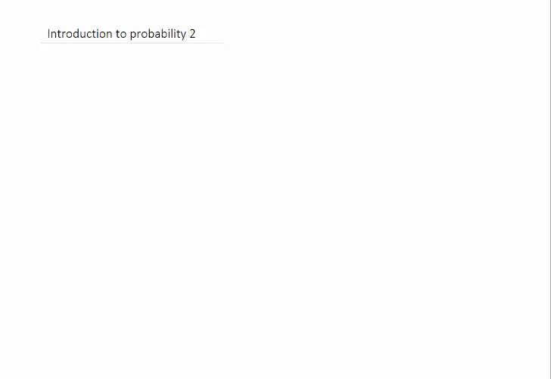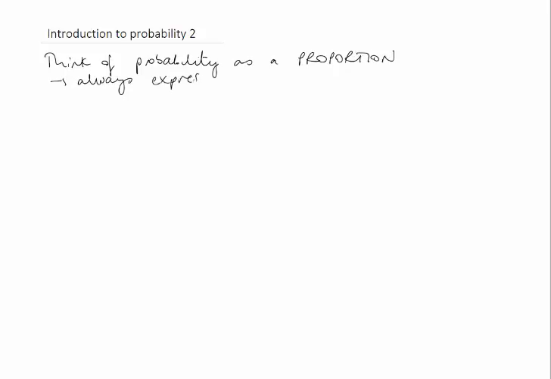How do we express a probability? I've told you that we can think of probability as a proportion. So it's always expressed as a number between 0 and 1.